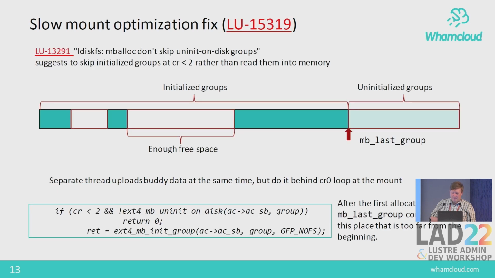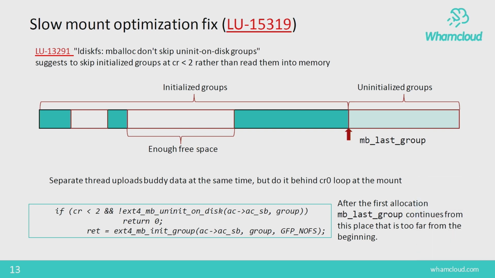So essentially what we've done is, if you're mounting up the file system and you haven't read all of those groups, then don't bother trying to read all of them from disk. Just try to find one group that's good enough and has some free space, and then allocate immediately from whatever's been loaded into memory.